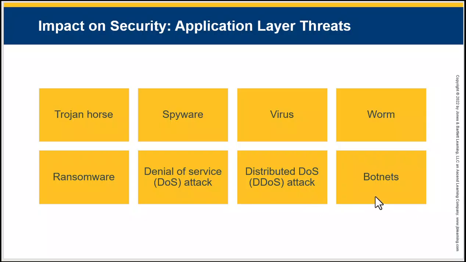And then botnets. I've got a really good video on botnets that I'll show you guys later. A botnet is a network of computers, and they don't even have to be in the same location. They could be all over the world. But these are computers that you've infected with your malware, and you have the ability to remote control those computers anytime you want to.